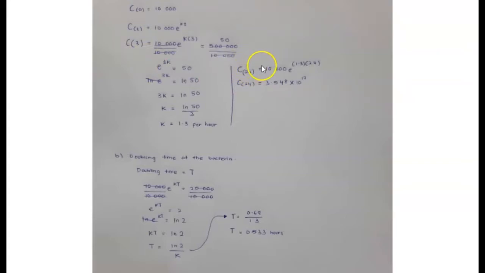So C24 equals 10,000 e, the k is 1.3 and the t is 24, which is 24 hours. So we got the growth for 1 day is 3.548 times 10 to the power of 17.